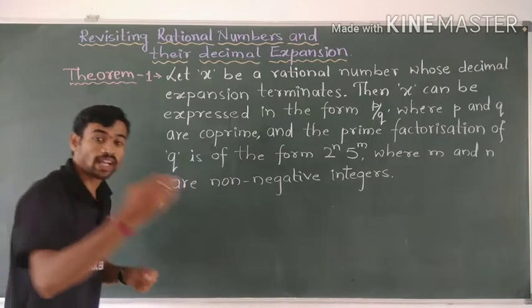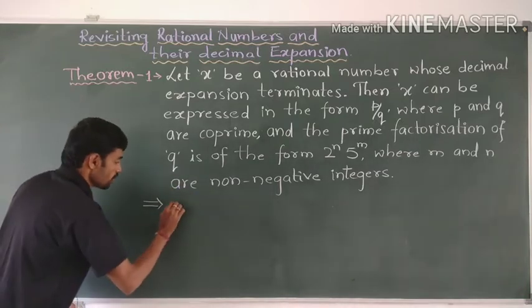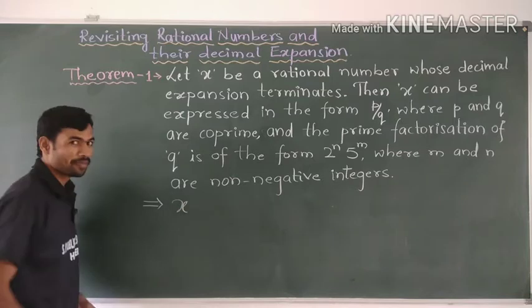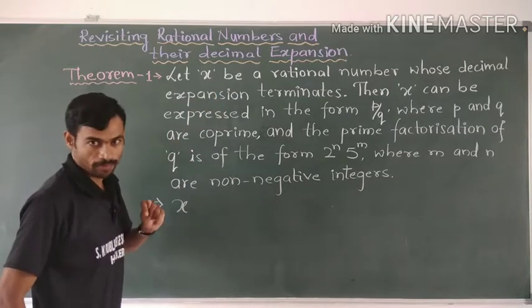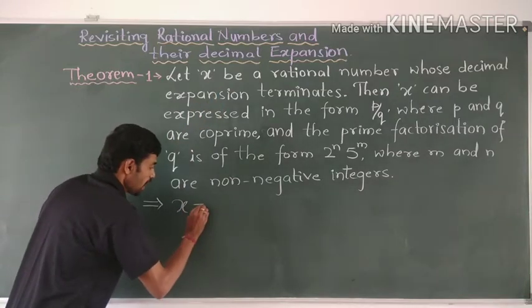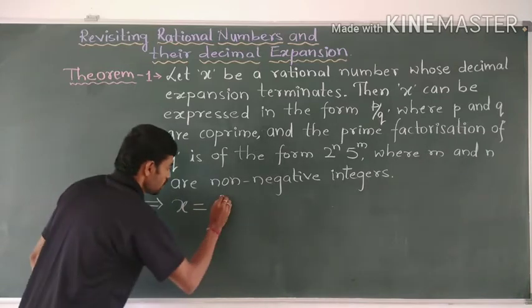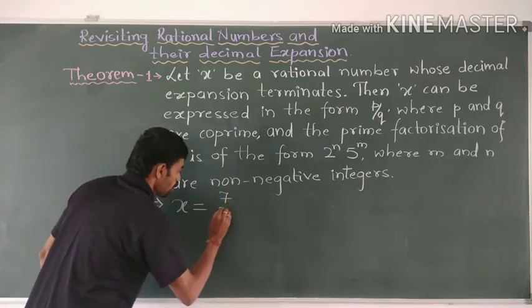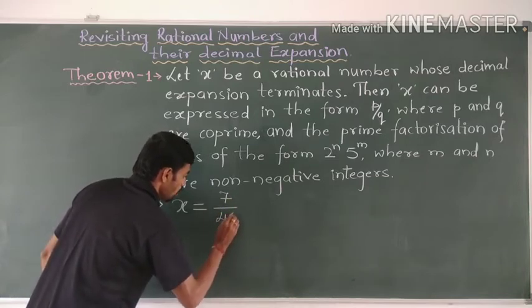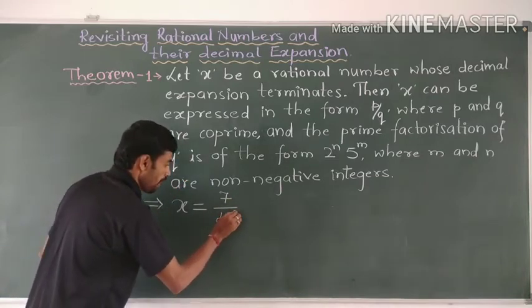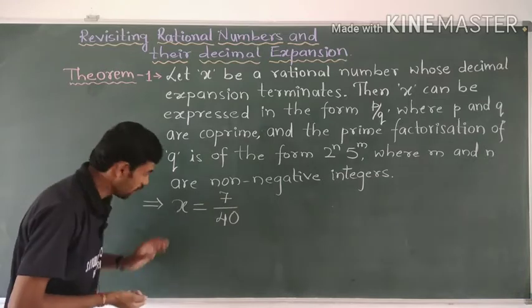Okay. This statement is only in the form of a sentence, but what exactly does it tell? Suppose x is a rational number. Rational number means it can be written in the form p by q, that is 7 upon 40, that is 7 by 40. So what have we done?